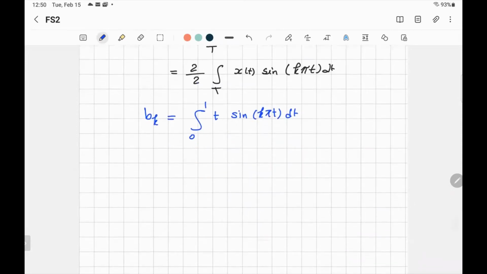I will go to the formula sheet. Just be quick. I found the formula there: the integration of t sine bt is 1 over b squared times sine bt minus bt times cosine bt.